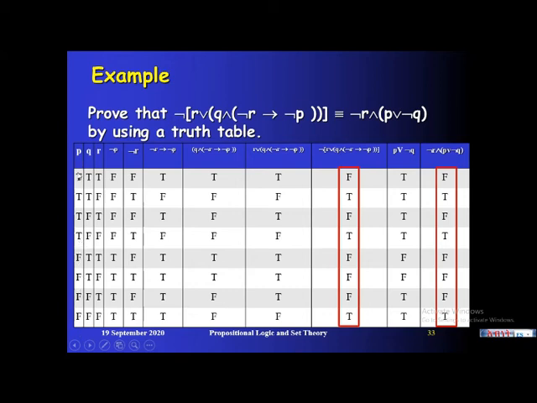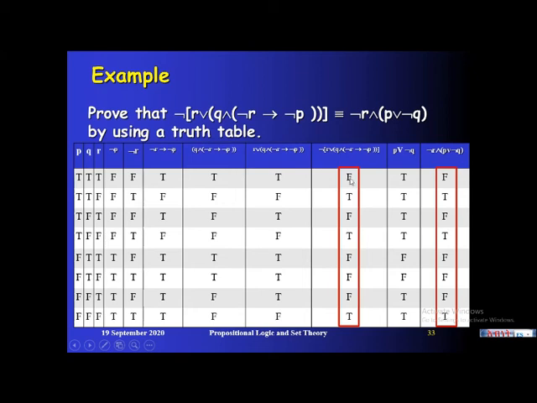For the first P, you will give 4 true and 4 false. You can start from the false or true side, it doesn't matter. But if you start with false here, you have to start the same way for the second statement. If you start with true for P, you have to start with true for Q. If you start with false for P, you have to start with false for Q, like that. Now, these are the final answers.